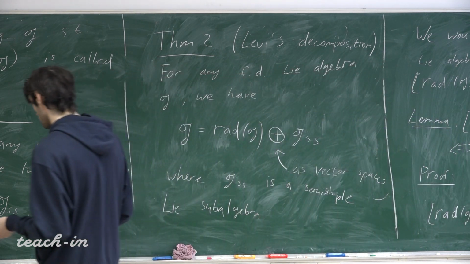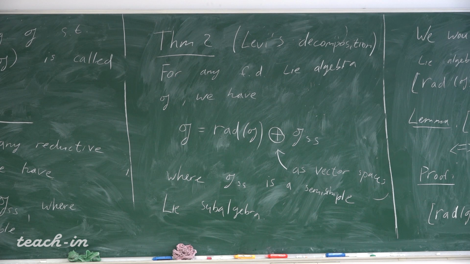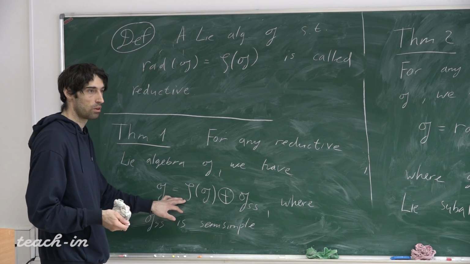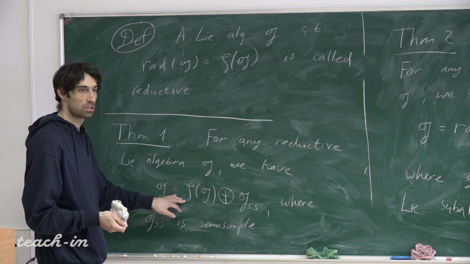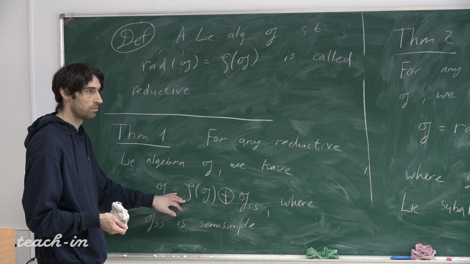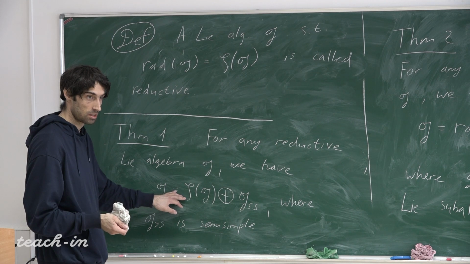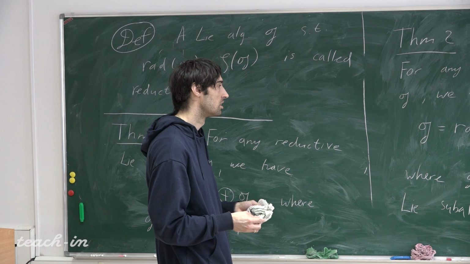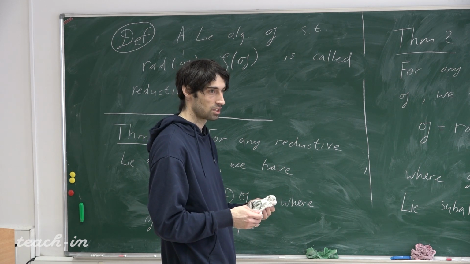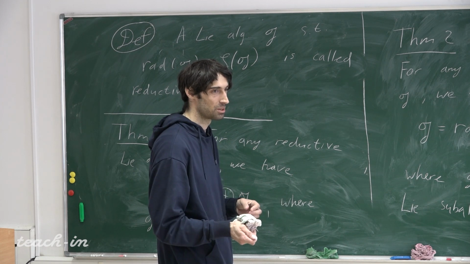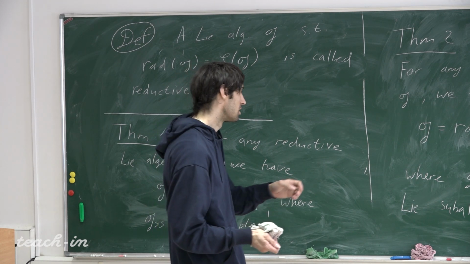In any case, in modern words, the proof of this will follow from complete reducibility of finite dimensional representations of semisimple Lie algebras, which is actually, in modern words, a result of homological algebra. And I don't know which way we would like to prove this, so we'll see.